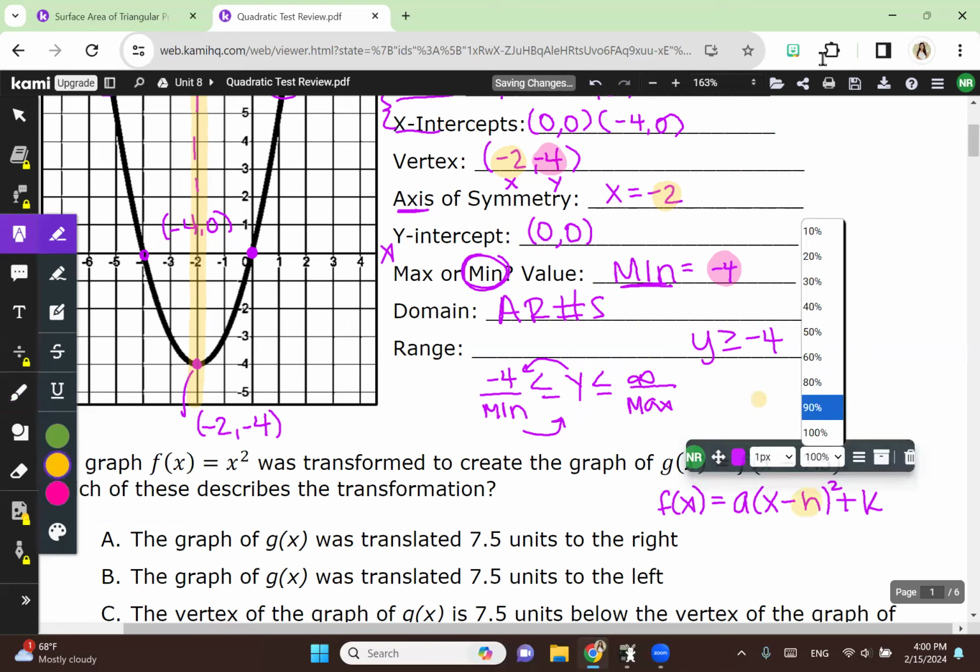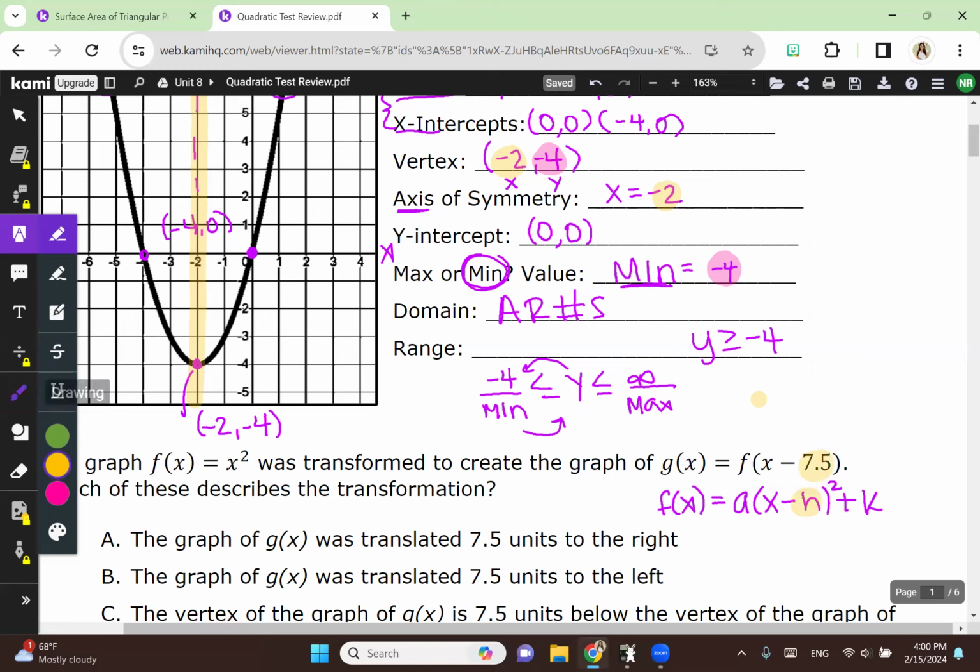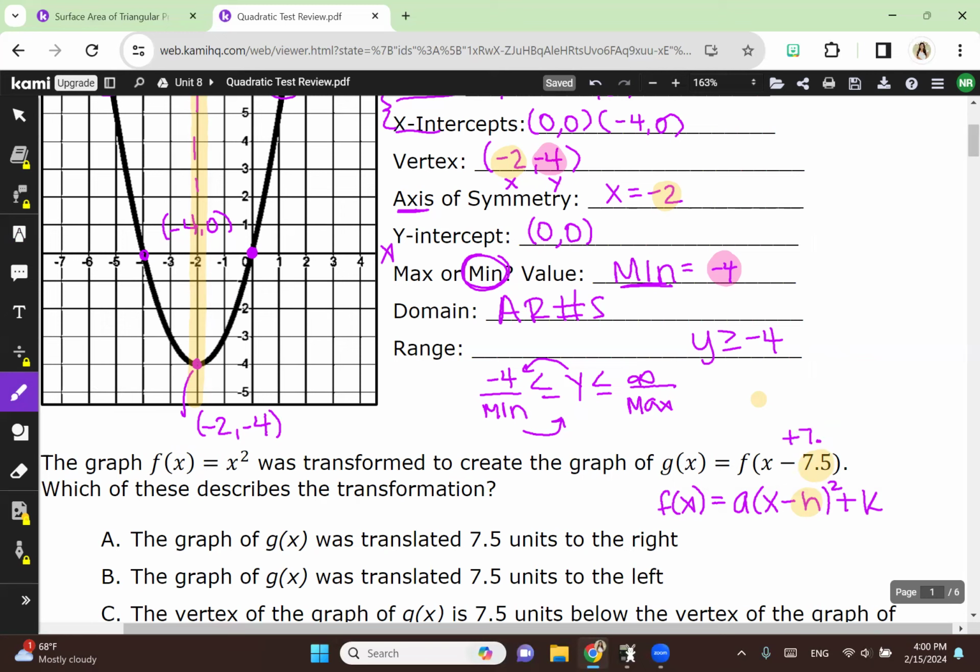And in the formula, it is already a minus sign. So that means you had to have plugged in a positive 7.5, which moves your parabola to the right.